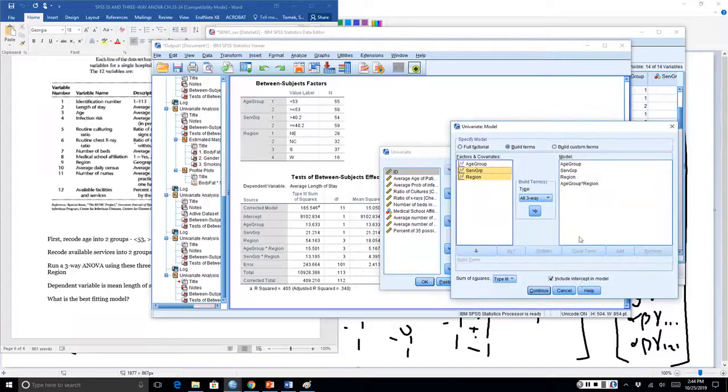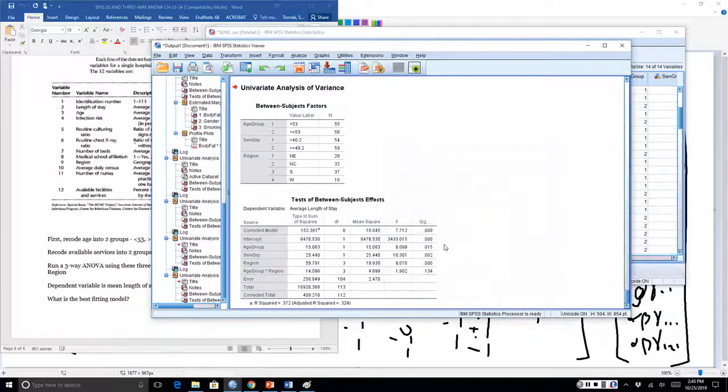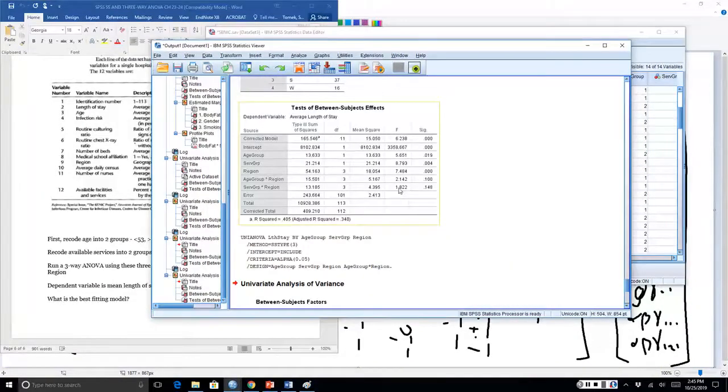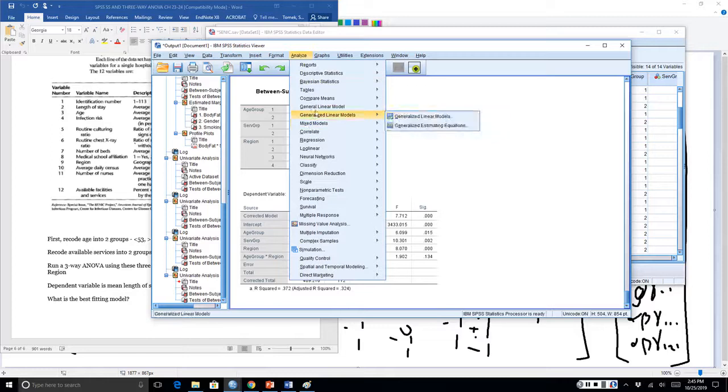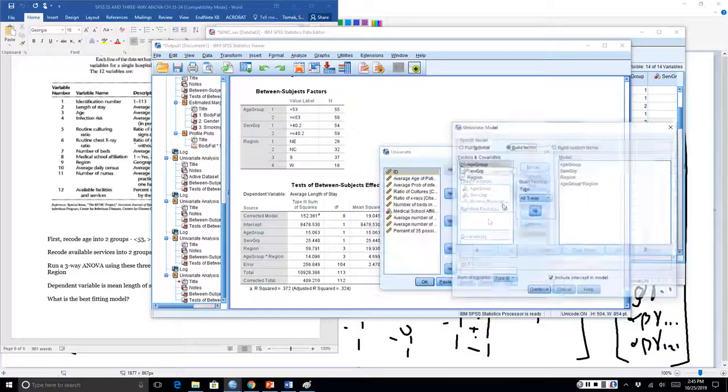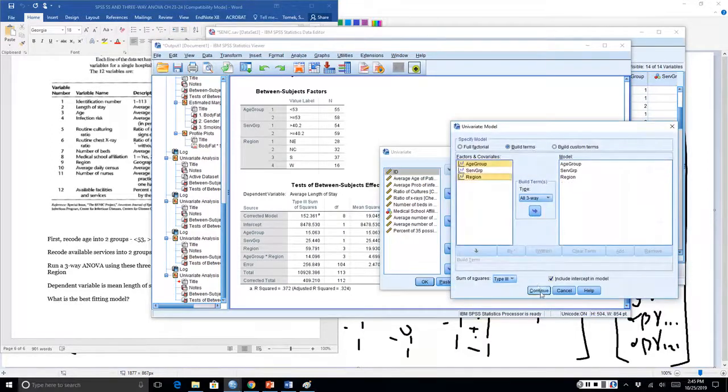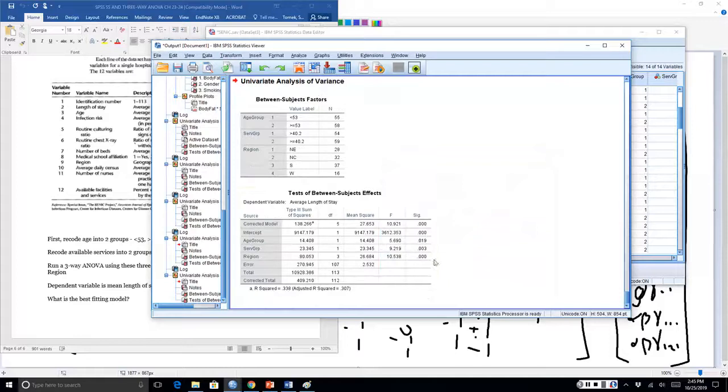Age group by region is also not significant, so we can remove that too. All right, so run that. Okay, now we have the three main effects.